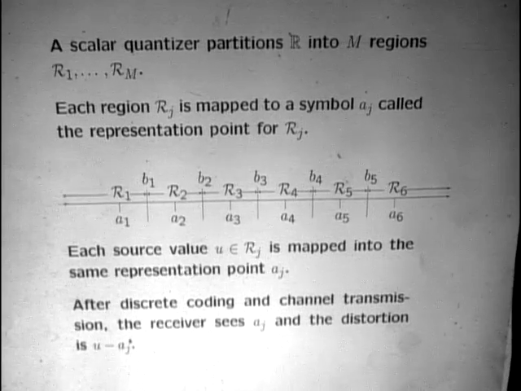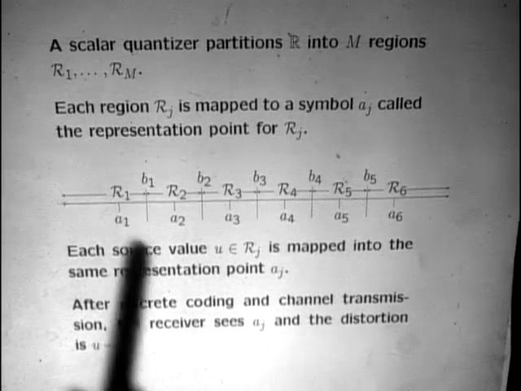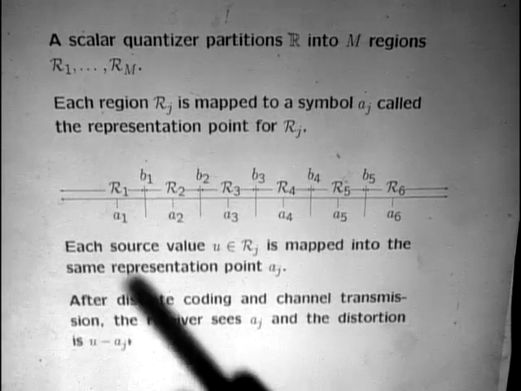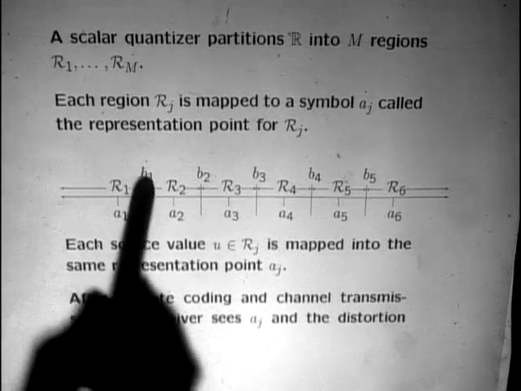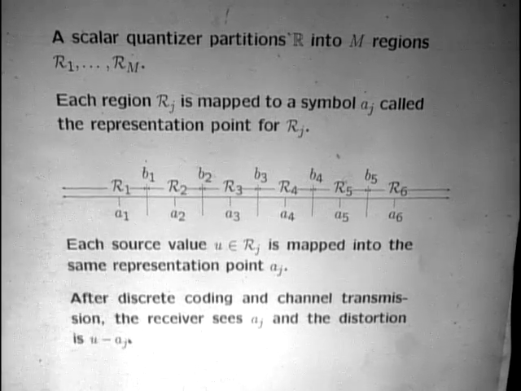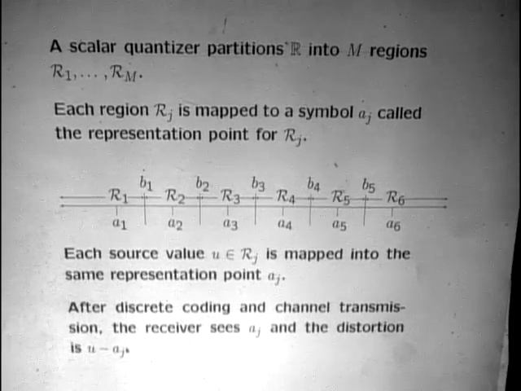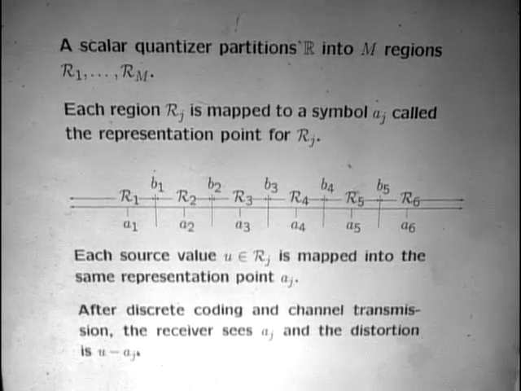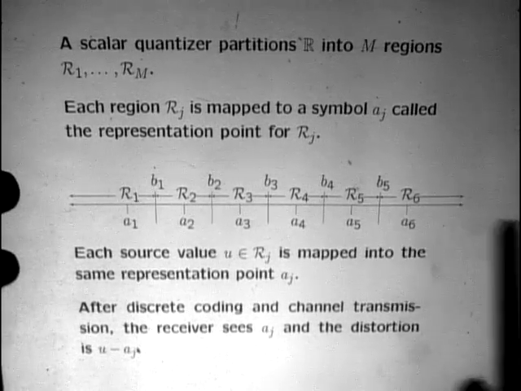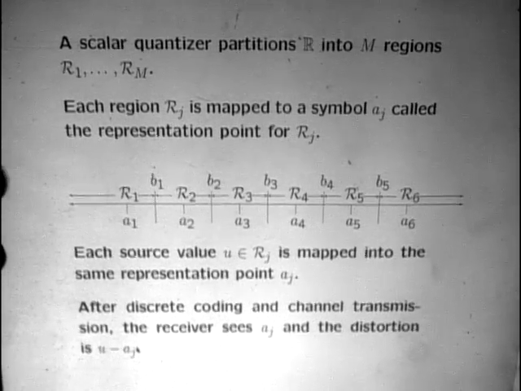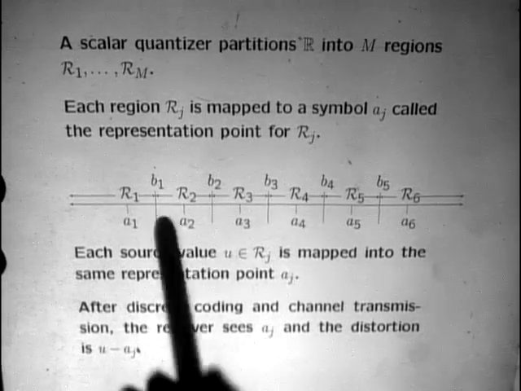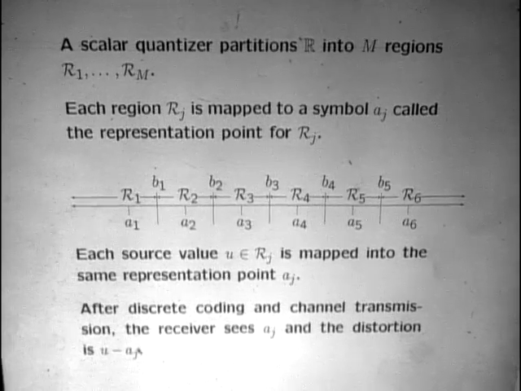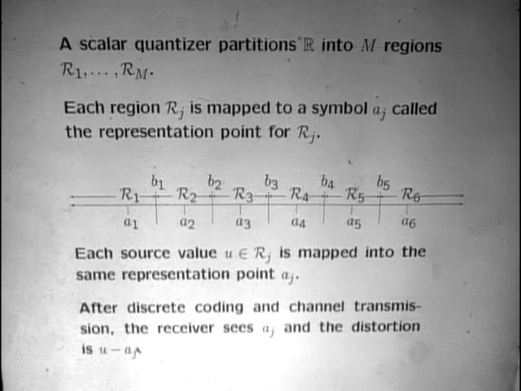You'll notice one of the things that does is it takes an enormous set of numbers, namely all these numbers less than this, and maps them all into the same symbol. So you might wind up with a fair amount of distortion there, no matter how you measure distortion. All these outliers here all get mapped into A6, and everything in the middle gets mapped somehow into these intermediate values.